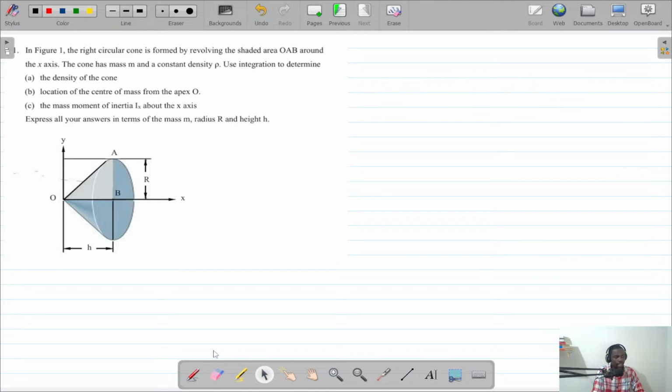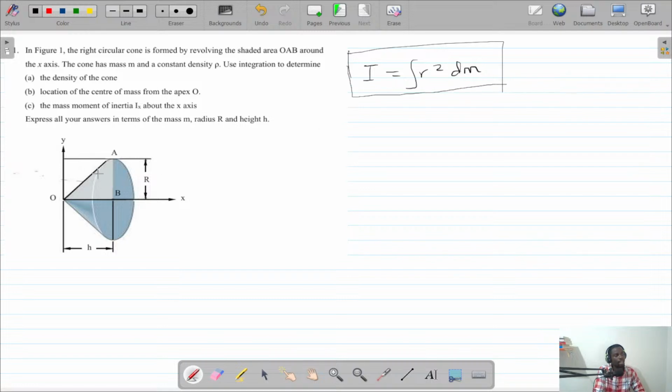So the moment of inertia, we are looking for the moment of inertia about the x-axis, right? So I is equal to integral of r squared dm. This is the general formula for finding the moment of inertia.